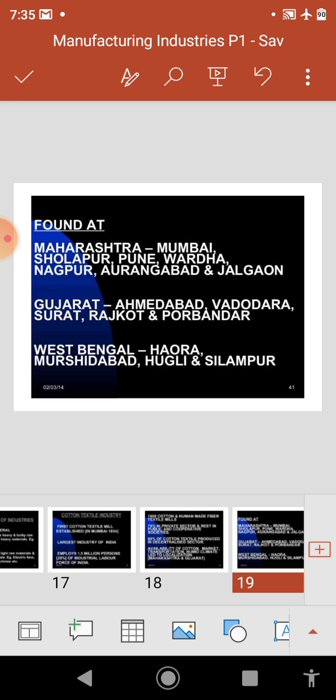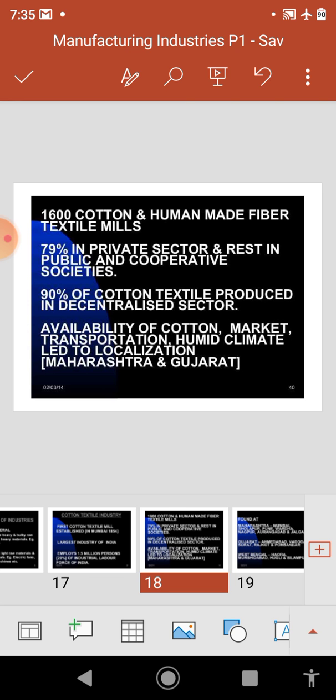Now let us discuss the importance of the cotton textile industries. First one, close association with agriculture. This industry has close link with agriculture and provides living to farmers, cotton ball pluckers, and workers engaged in ginning, spinning, weaving, dyeing, designing, packaging, tailoring, and sewing.